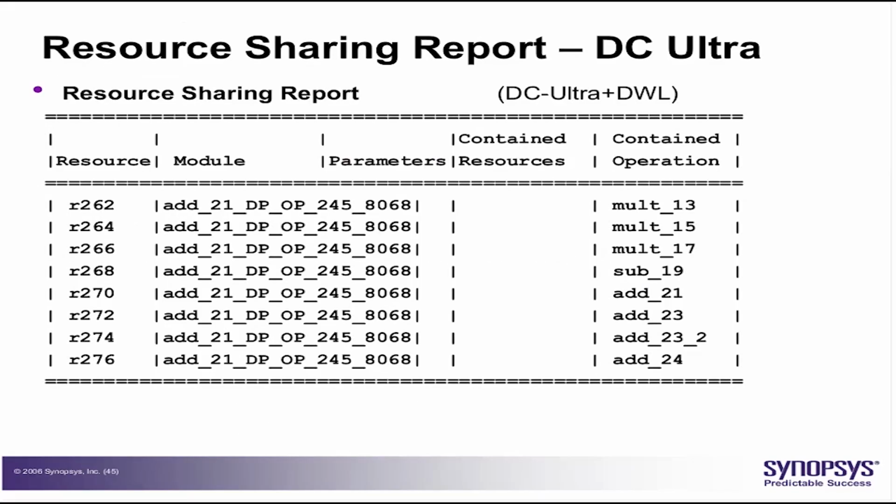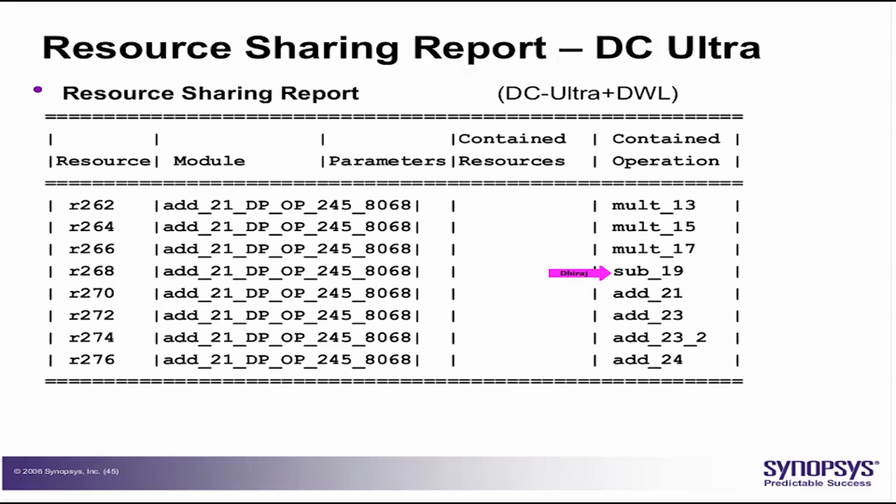It tells us that it extracted all these operations and has put them in the same module. DC will instantiate a module comprising designer components, and in this case, it has instantiated a single module for all these operations. On the right hand side, it is also telling what operations are taking place. There are 3 multiplications, 4 additions, and 1 subtraction.